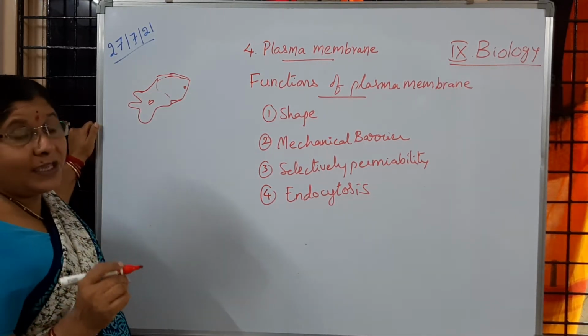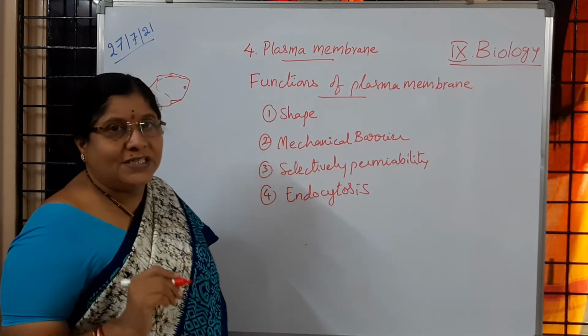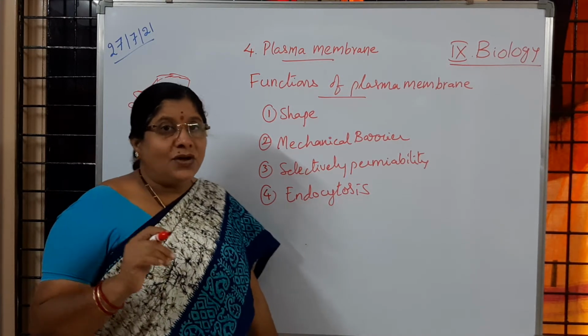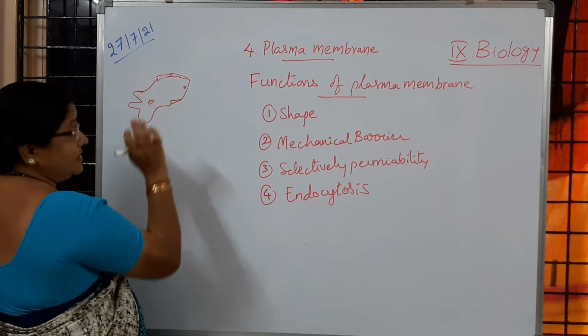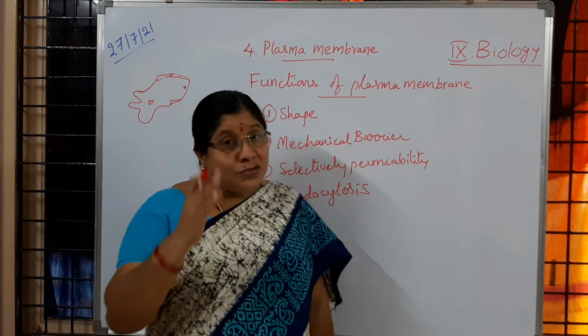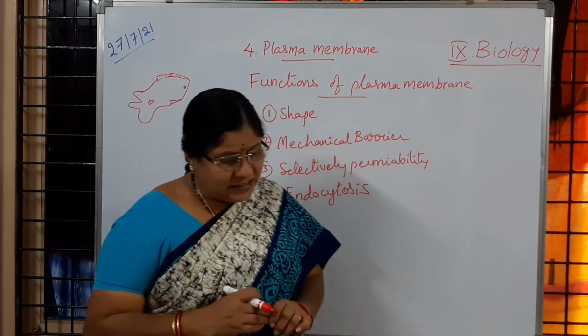So the amoeba gets its food by endocytosis only. Is it clear to you? Have you understood what I said? So the plasma membrane has the capability of identifying this material, and it engulfs and digests it. Through the plasma membrane only the material gets inside the cell. Is it clear to you?